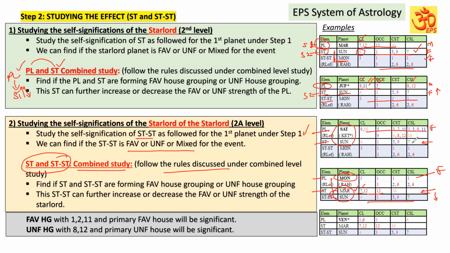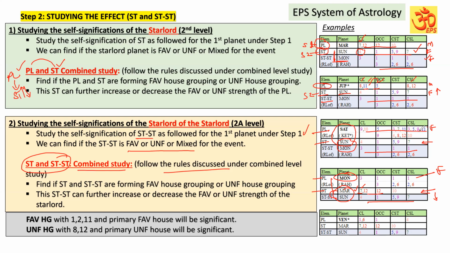We can identify by those rules that Starlord is increasing the strength of the favorable or just giving only favorable support. We can check. Now the step number 2, within that, Starlord of the Starlord is also favorable. So now check the Starlord and Starlord of the Starlord's combined study. It means that Starlord is also further supported by the Starlord of the Starlord.